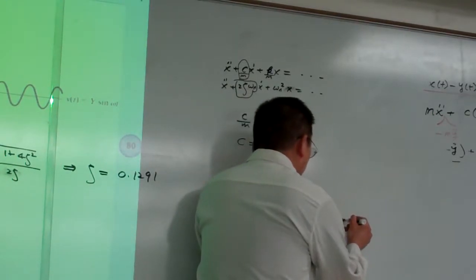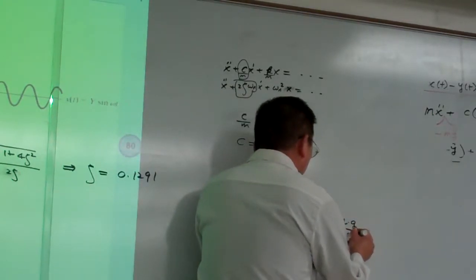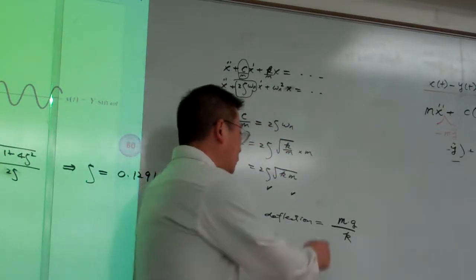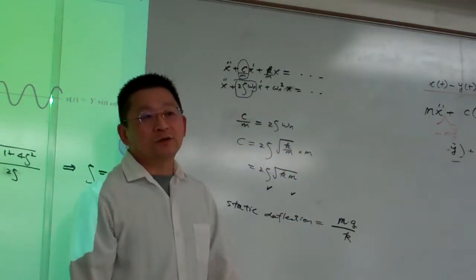It simply is the mass multiplied with g divided by k. Okay, so that is the weight of the mass.